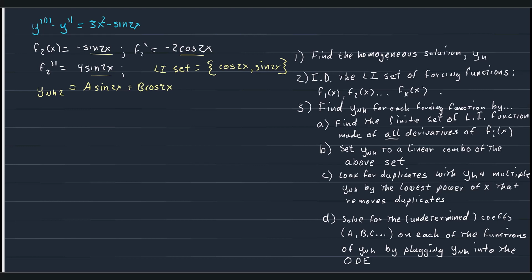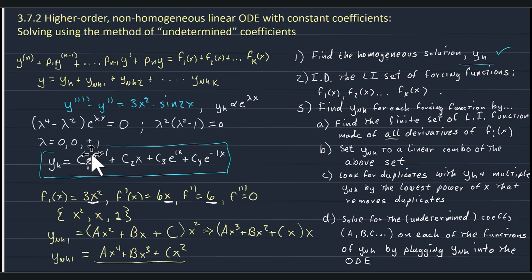Next we have to look for duplicates with the homogeneous solution. So we go back to our homogeneous solution, which was this, and we don't see any sine or cosine functions here. So we're in the clear. We don't have any duplications with the homogeneous solution.